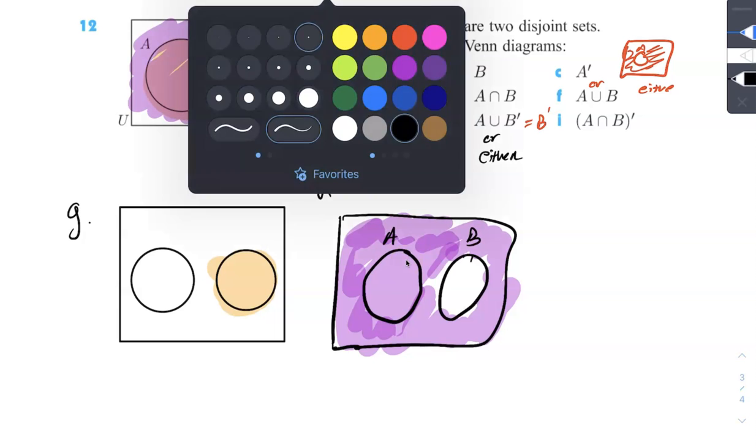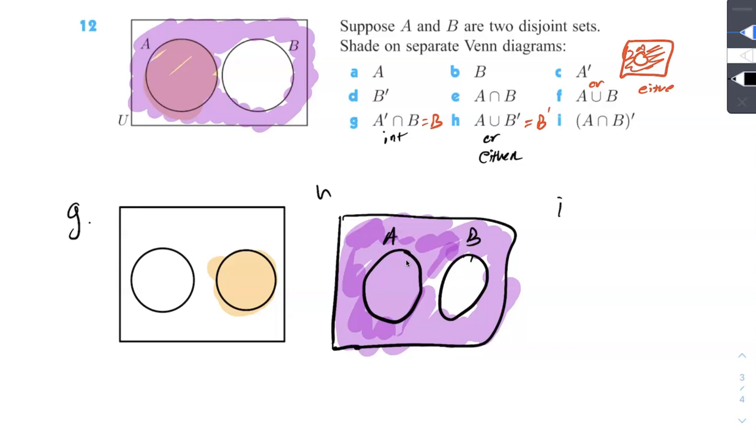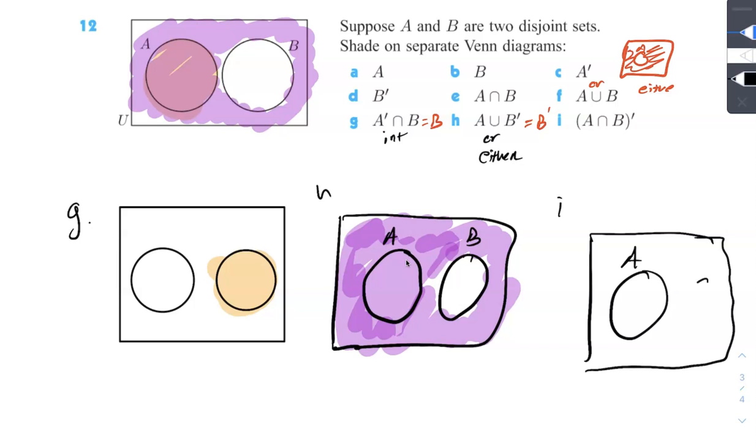Okay. And then let's go I. So this is going to be interesting because notice how the prime's on the outside. So it's basically saying I want you to do A intersection B, but then the prime of that. Now it's kind of weird, especially with this picture here. So A intersection B, remember we did this earlier?